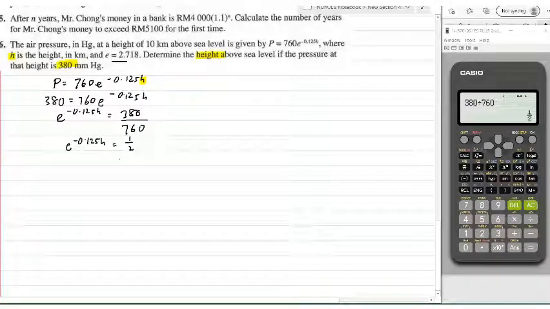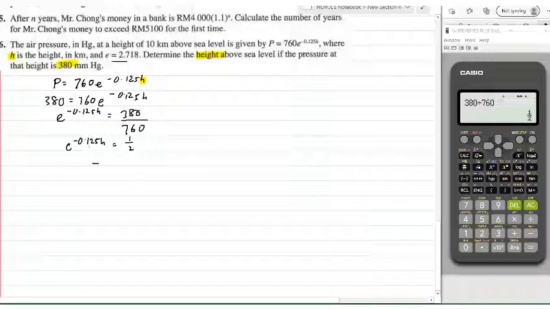Now look here, this is the important thing you have to know. If the solution has an unknown in the index, the power unknown h here, logically we usually use the method of logarithm, log at both sides.